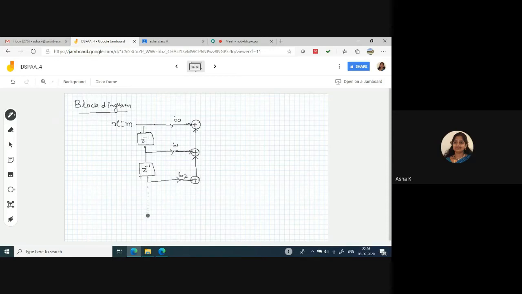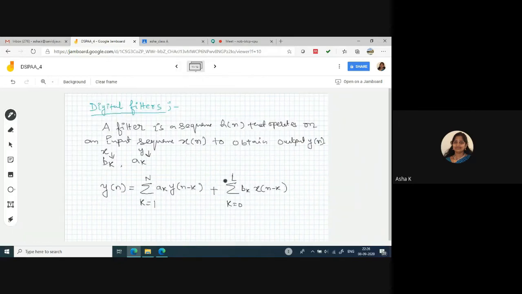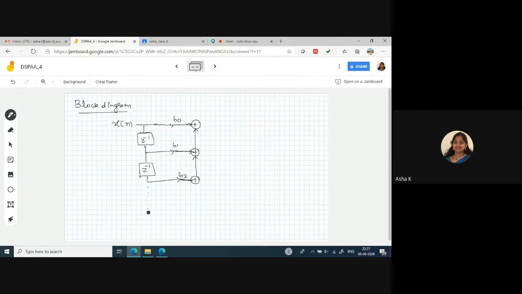The last value that we have in this particular equation with respect to x is capital L. So we'll write here the last z to the power minus 1 is the delay that we are having. Then multiplied with the factor BL. Then this is connected to the adder which is above here.